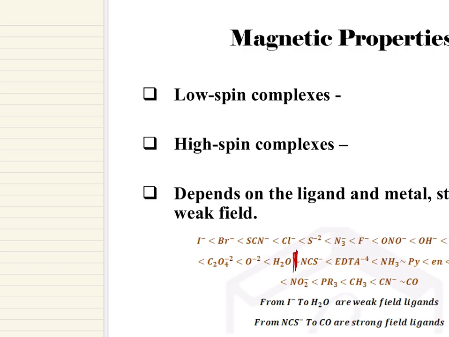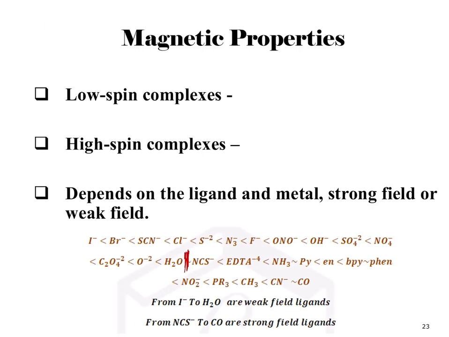And so I talked a little bit about how we fill up the d orbitals once they've been deformed by the crystal field. And the reason that's important is because it's important for the magnetic properties of these metal centers.